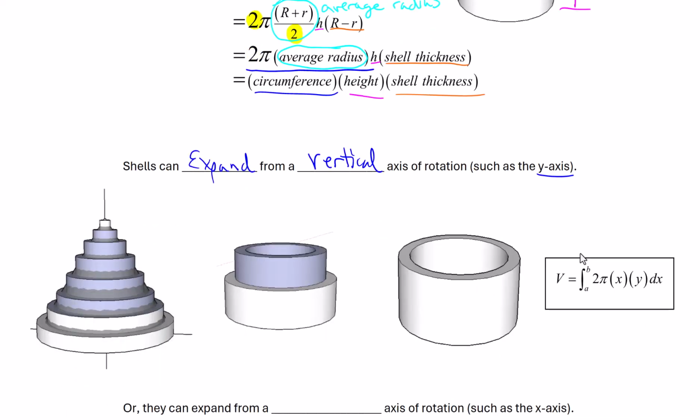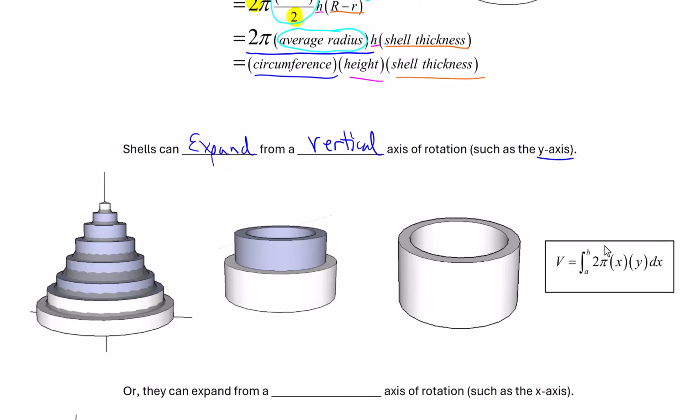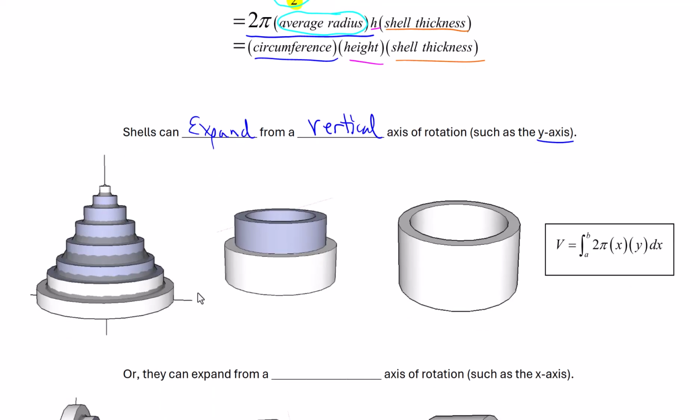But if you think of these shells expanding from the vertical axis, then let's look at a diagram of a horizontal x-axis and a vertical y-axis, and what we're going to imagine is that on the y-axis we're stacking up these shells to form what would look somewhat like a layer cake. Think of a large wedding cake of some sort, or some kind of layered concentric cylindrical cake. So you have these shells that are all stacked within each other.